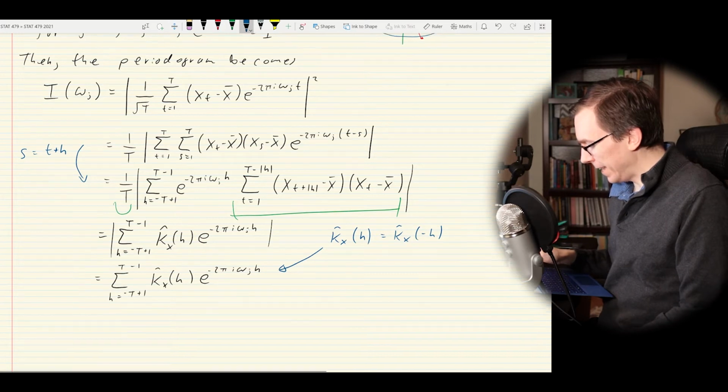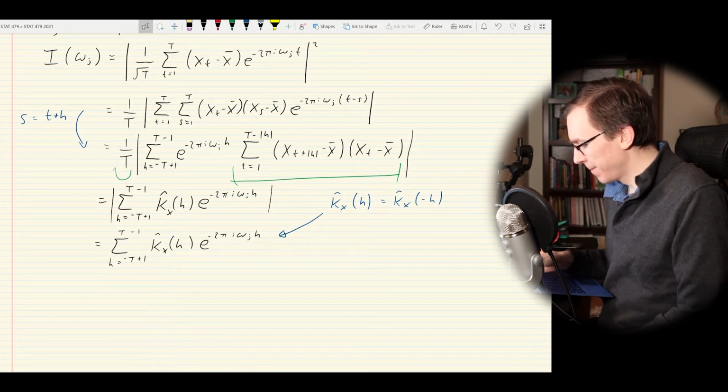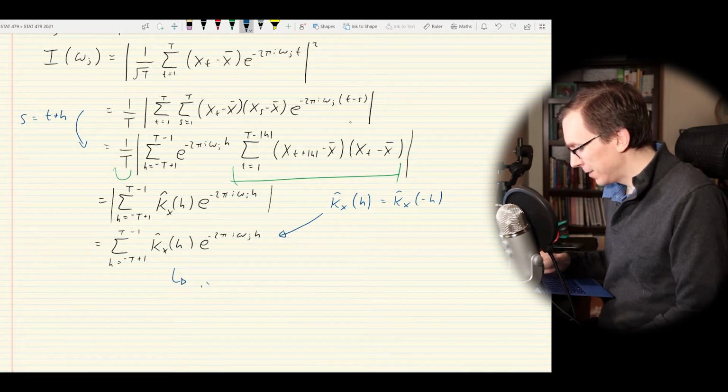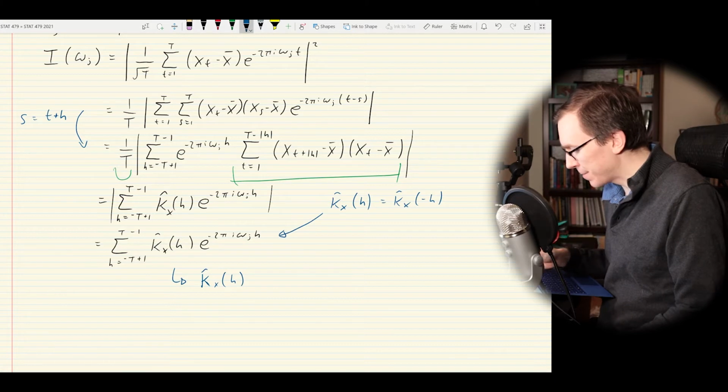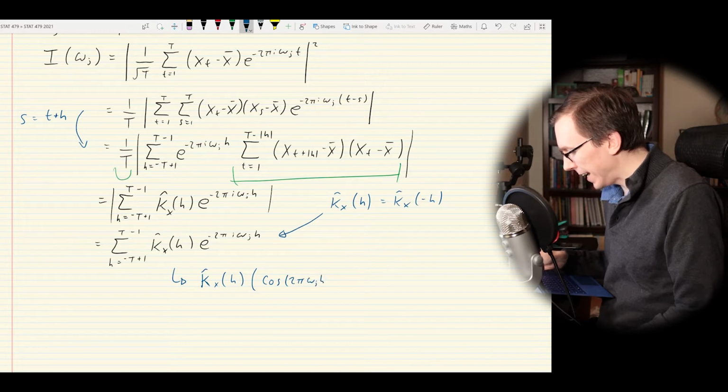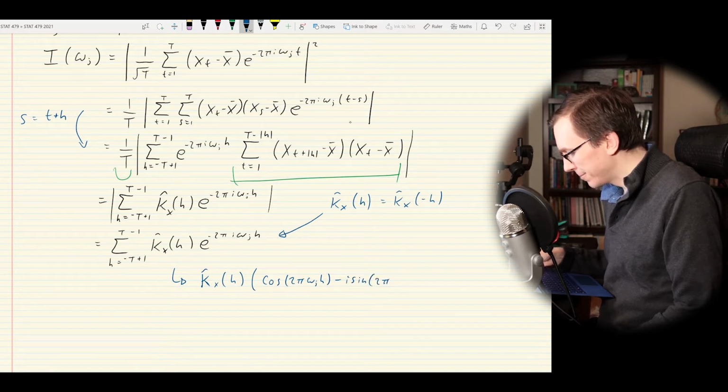Because if we work our way through this, for h we would have k hat x h times the cosine of 2 pi omega j h minus i sine 2 pi omega j h.